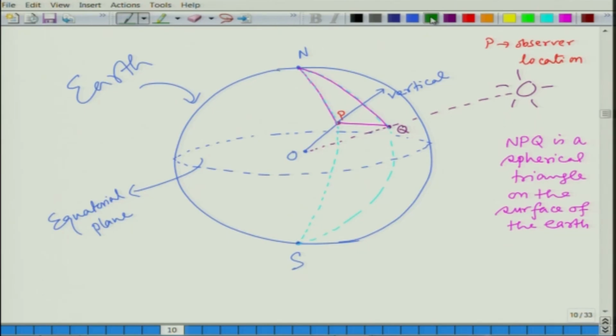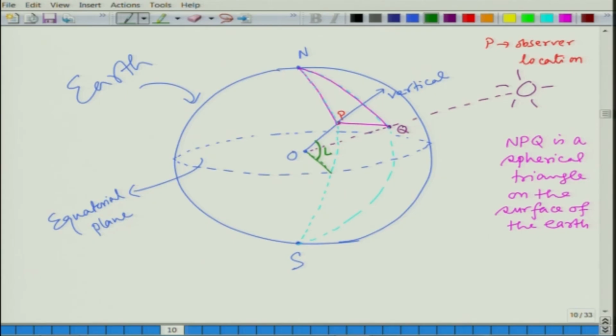If you connect these 2 points, what angle is this? This is the latitude, right? Latitude of point P, because that is the angle it makes with the equatorial plane. Okay, that is easy.